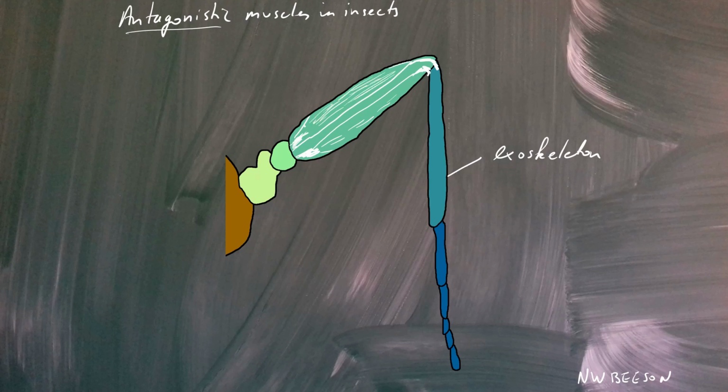I'm going to draw this in like this. You see that it's connected on opposite ends. Depending on which muscle contracts, this will move the leg either in one direction or into the other direction.